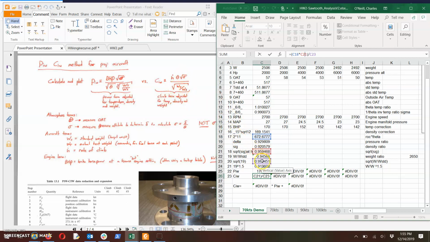So there's the square root of the weight ratio, and we're dividing by it. Okay, so PIW and CIW are correct here.